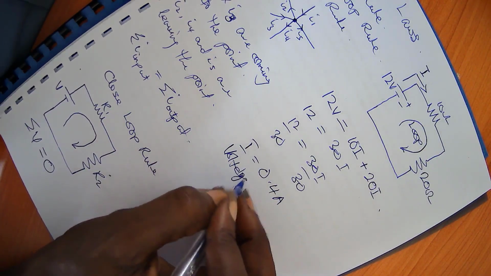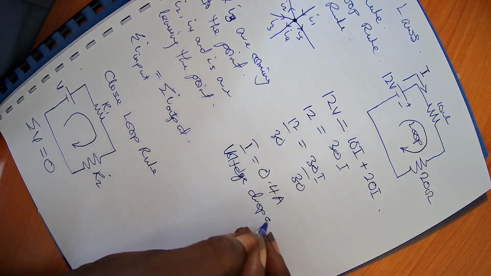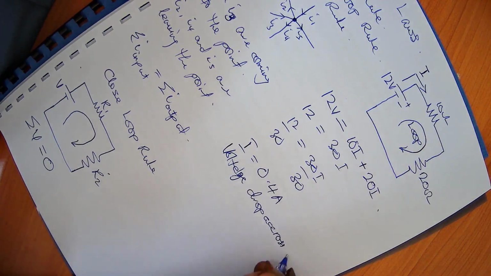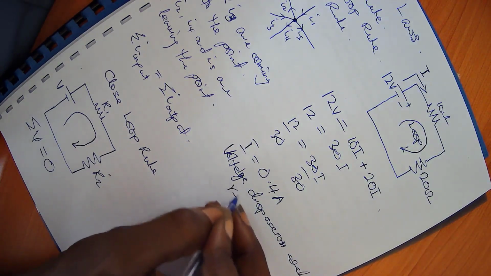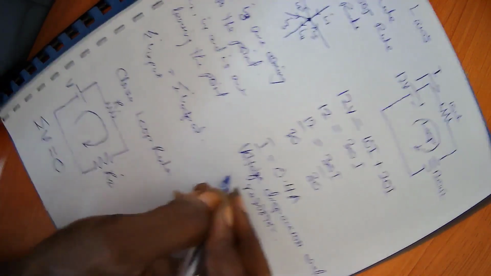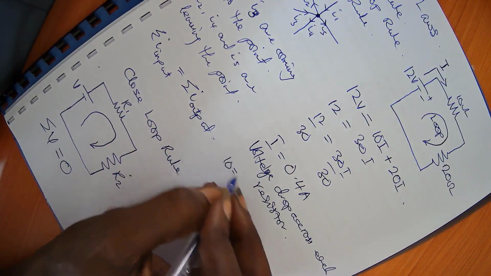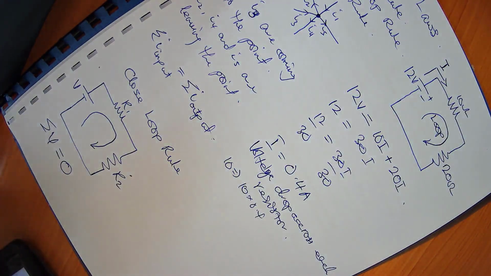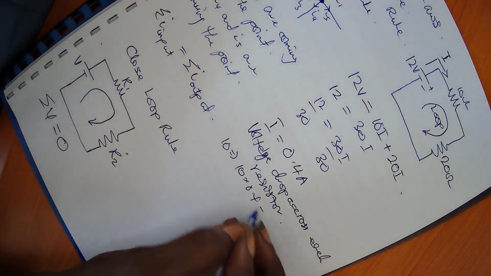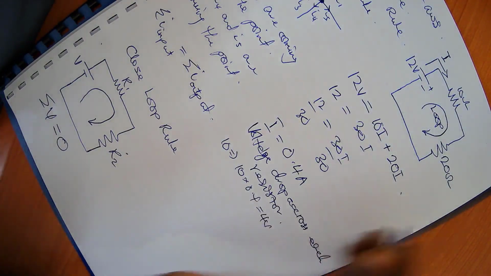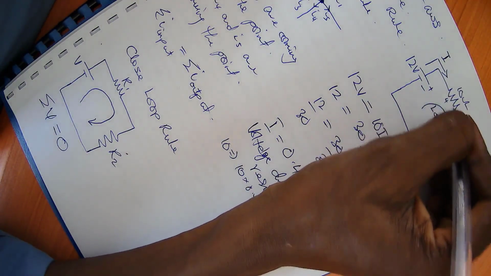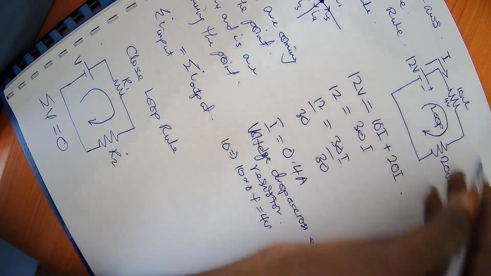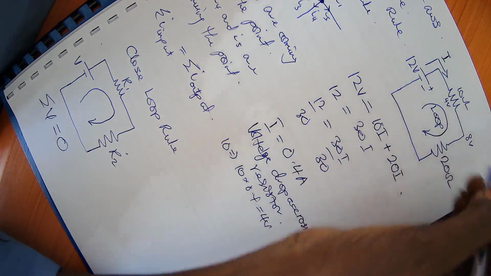Across the 10 ohm, we're going to have 10 times 0.4, which gives us 4 volts. So the voltage drop here is 4 volts. If we subtract 4 from the 12, then we're going to have 8 volts here.